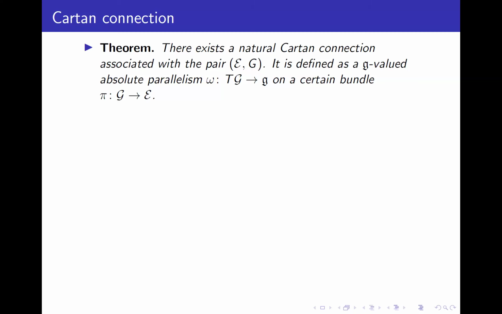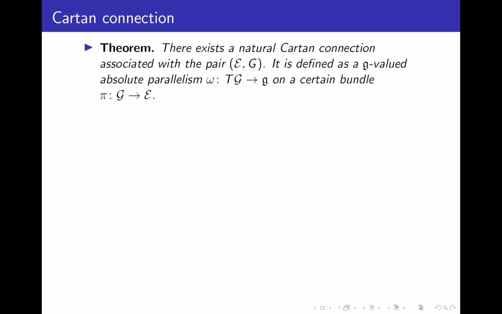So the main idea is that we have an intrinsic geometry defined on our equation viewed as a manifold. And this intrinsic geometry is defined, of course, by the equation itself, but also by a pseudo group. We'd like to have a natural connection, a Cartan connection associated with this intrinsic geometry.